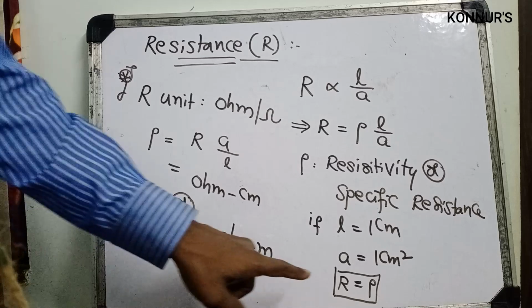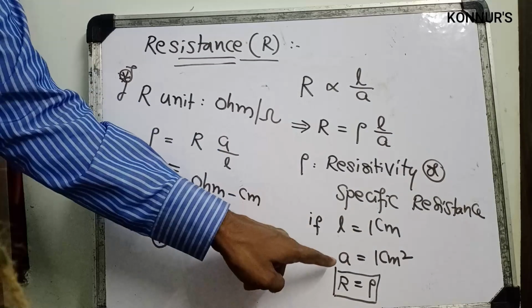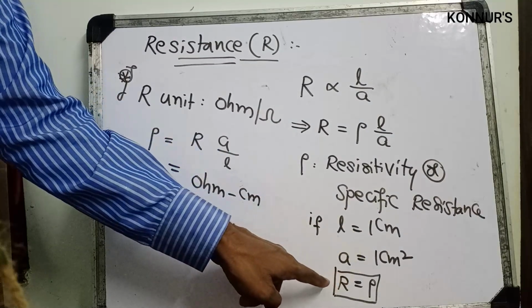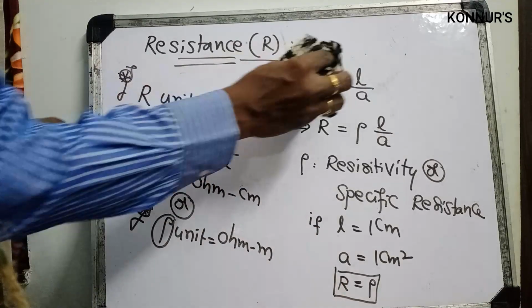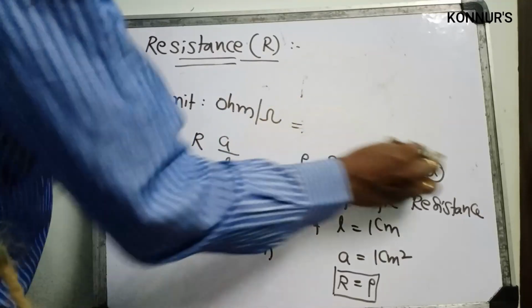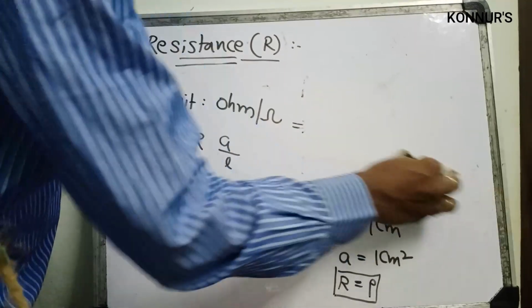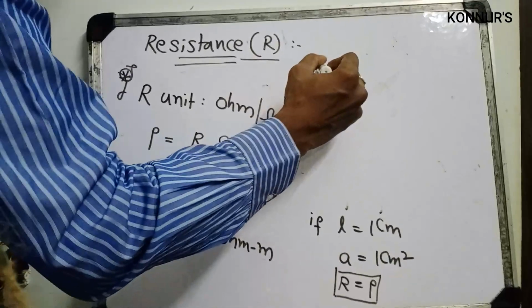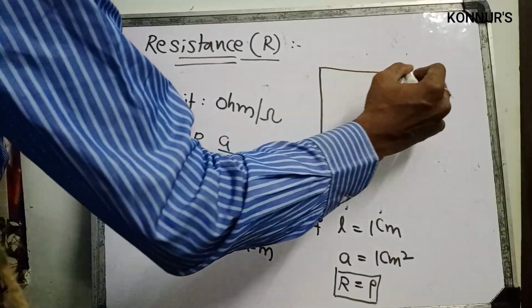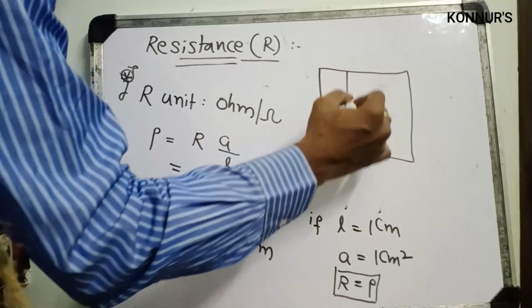Next, here you are taking L equal to 1 centimeter, A equal to 1 centimeter square, then only you call it rho. For easy understanding, we will take here, suppose 9 boxes.